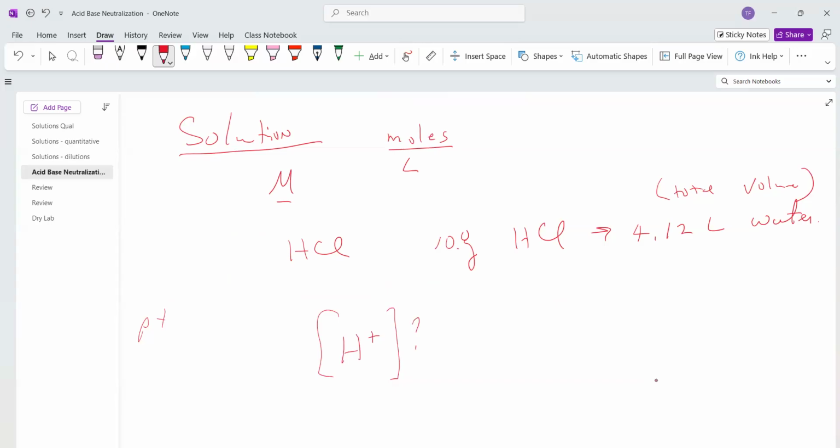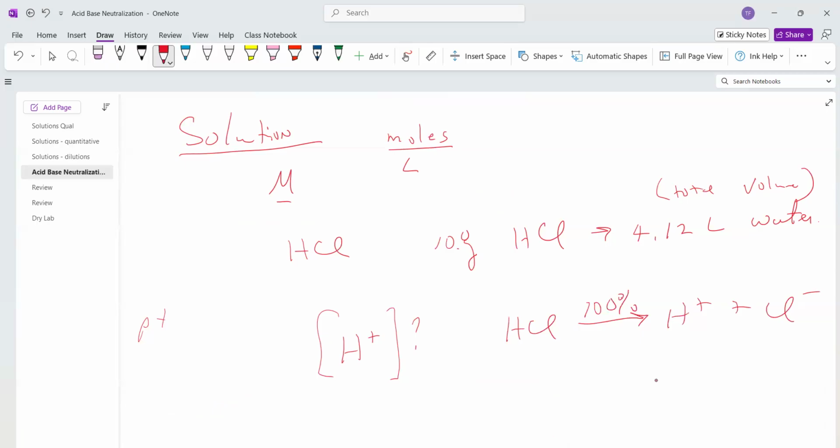Now, before we go on, I'll remind you, hydrochloric acid is a strong acid. That means as soon as we put the hydrogen chloride or the hydrochloric acid in water, there is no more HCl, only H's and Cl.